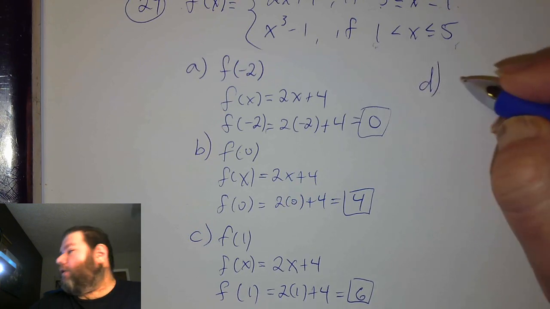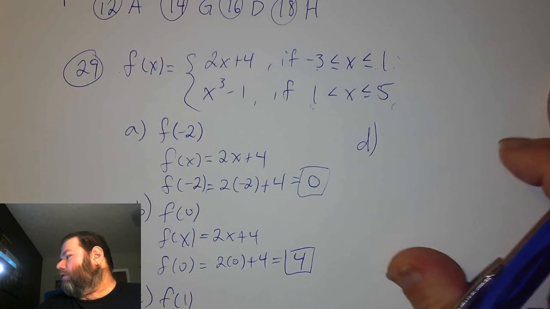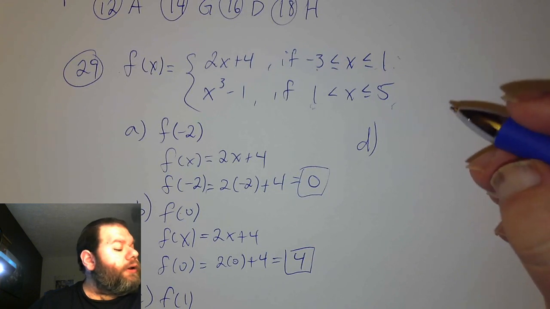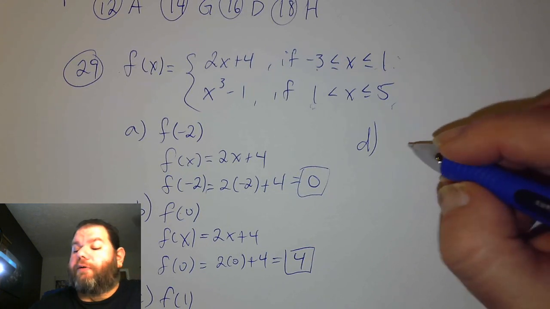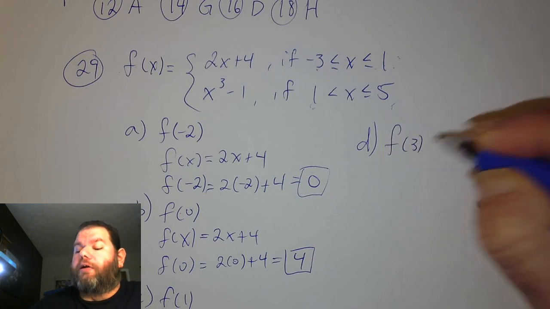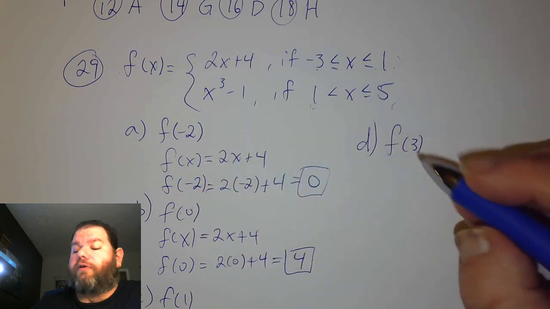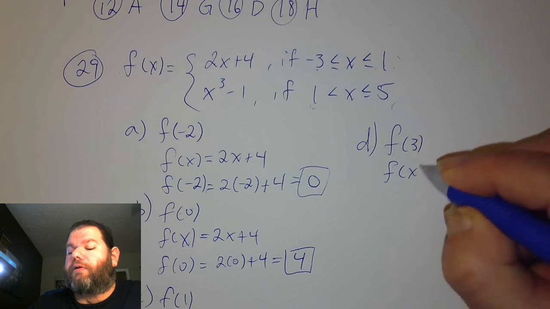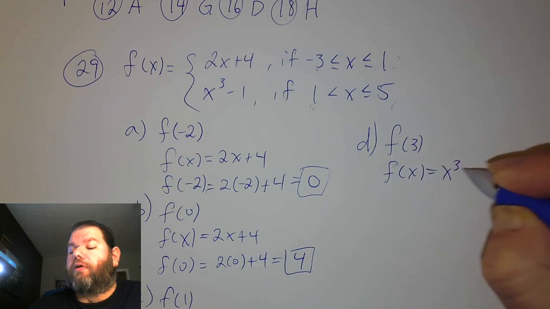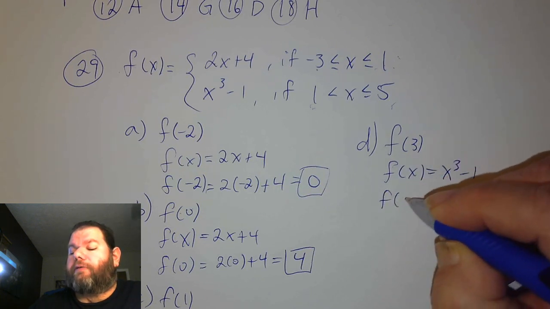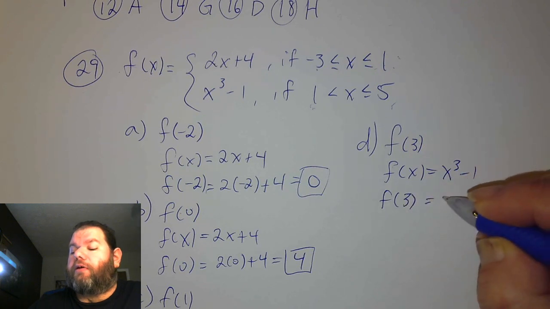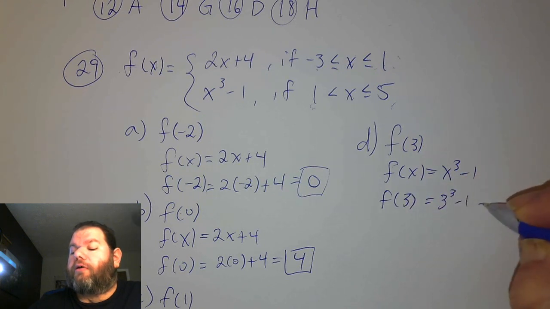And then part D, if we evaluate f of 3, 3 is certainly between 1 and 5, so we would choose x cubed minus 1. And now sub in the x equals 3, and we get 26.